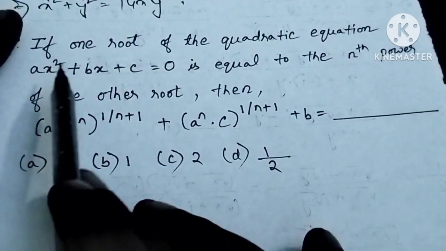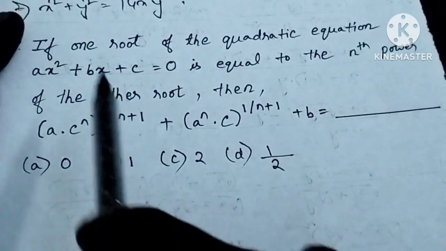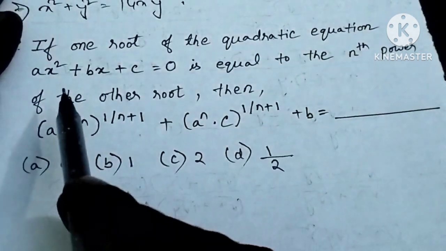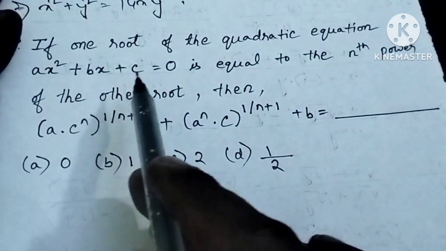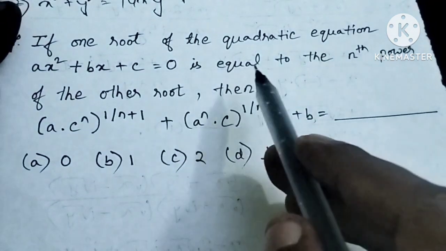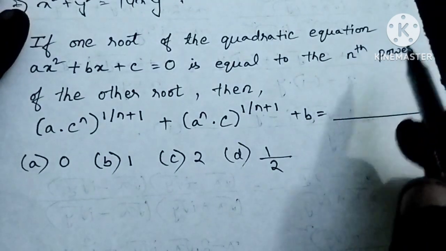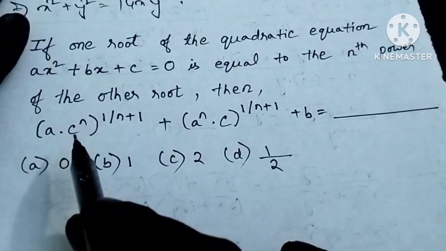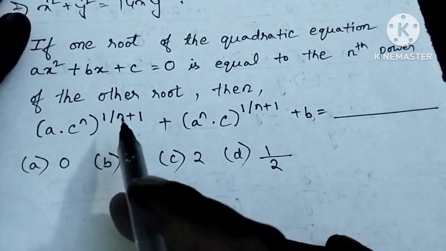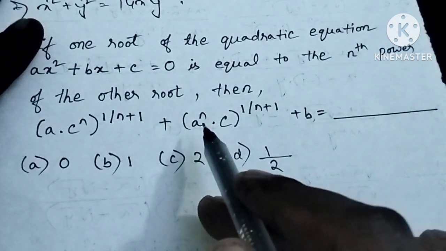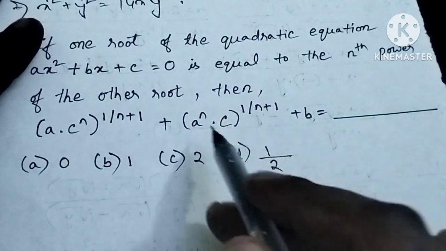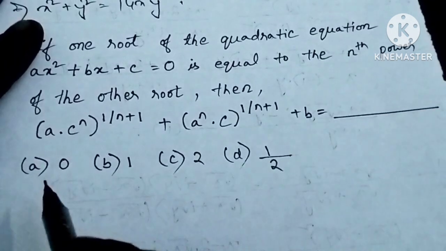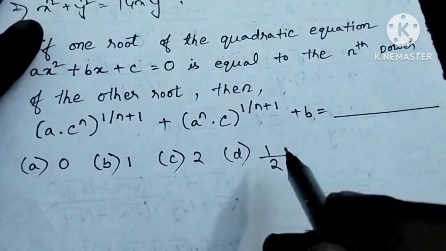In this video I have brought this sum for you all. Look at the sum. If one root of the quadratic equation ax square plus bx plus c is equal to 0 is equal to the nth power of the other root, then (a into c to the power n) whole to the power 1 by n plus 1 plus (a to the power n into c) whole to the power 1 by n plus 1 plus b is equal to dash: 0, 1, 2, half.